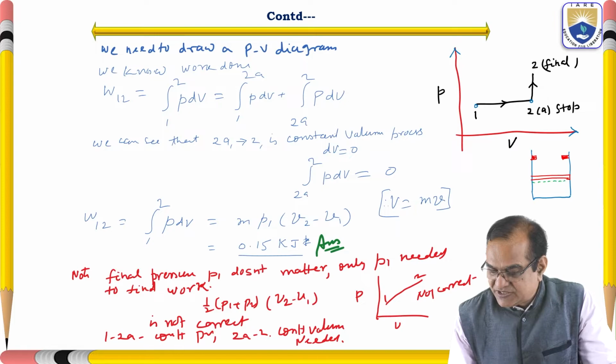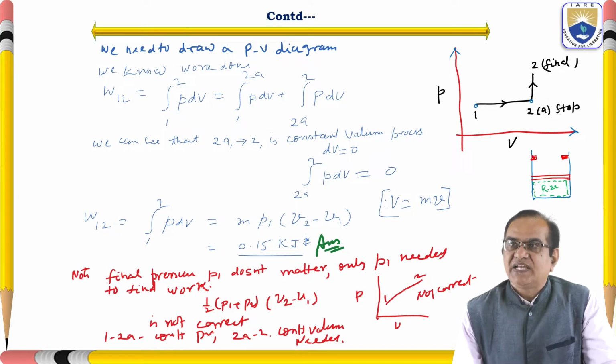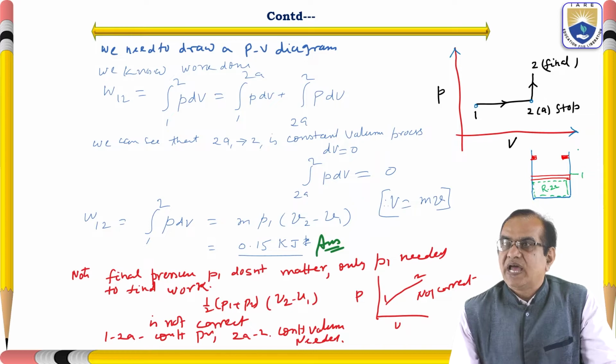This is your system, and here R22 is filled. This is state 1 and this is state 2. From here to here, initially this is the volume V1 and here is the volume V2. So dV is equal to V2 minus V1.